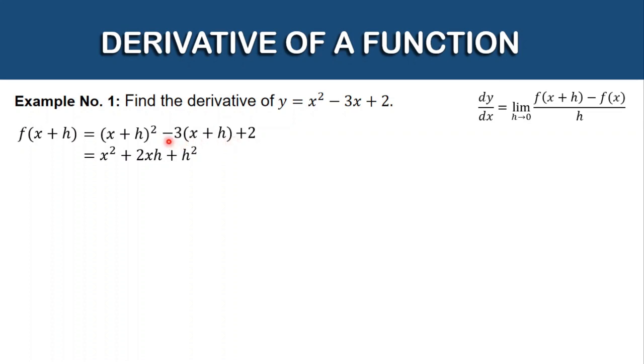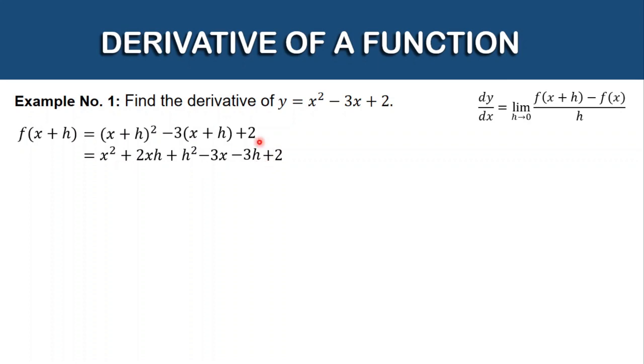So dapat kasama yung negative sign. So we have 3 times x is 3x. So negative. So minus. Then negative 3 times h, we have negative 3h or minus 3h plus 2. So ito yung magiging value nung f of x plus h natin. So hindi na naman natin siya masisimplify kasi wala tayong common terms na pwedeng ipag-combine.